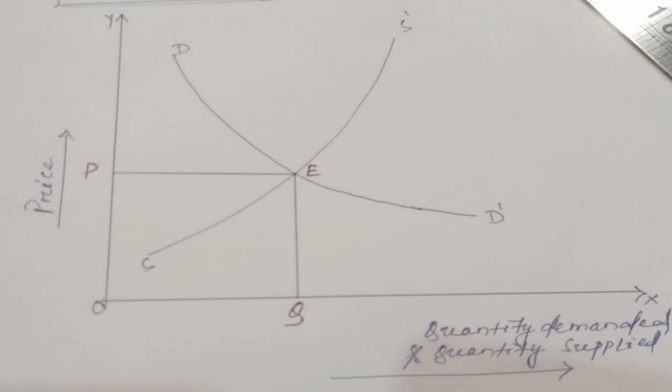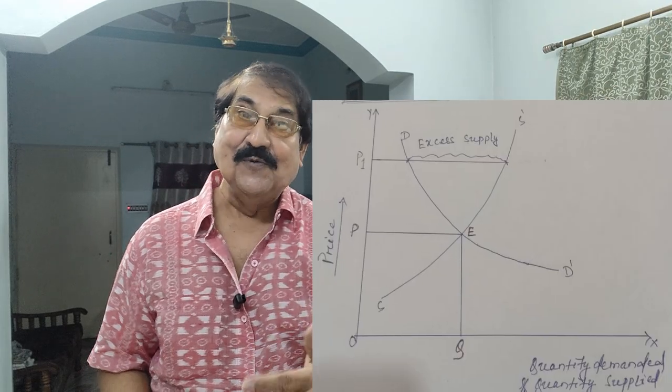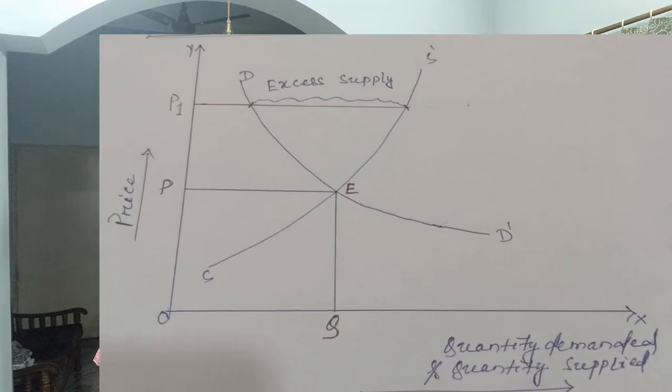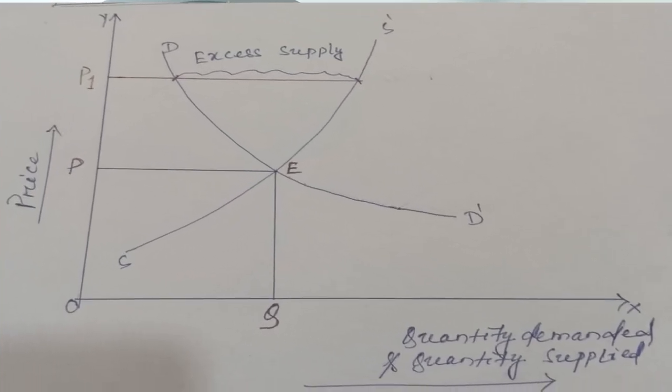Now suppose the price increases from OP to OP1. Look at the diagram. At the higher price, the supply exceeds the demand. There is an excess supply, which has been marked in relation to the demand.